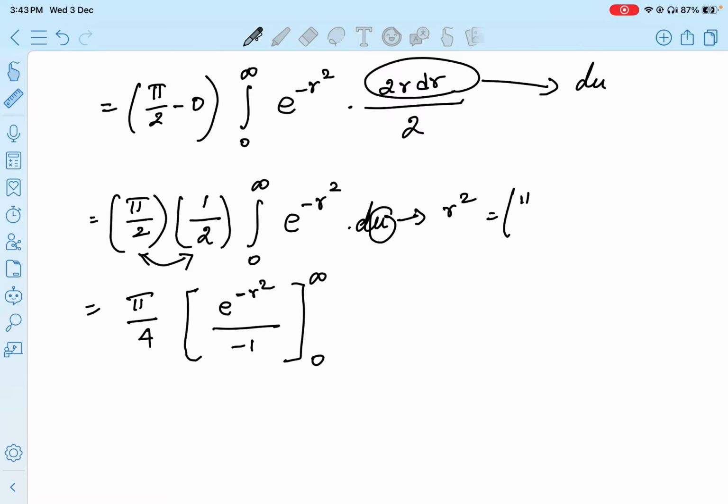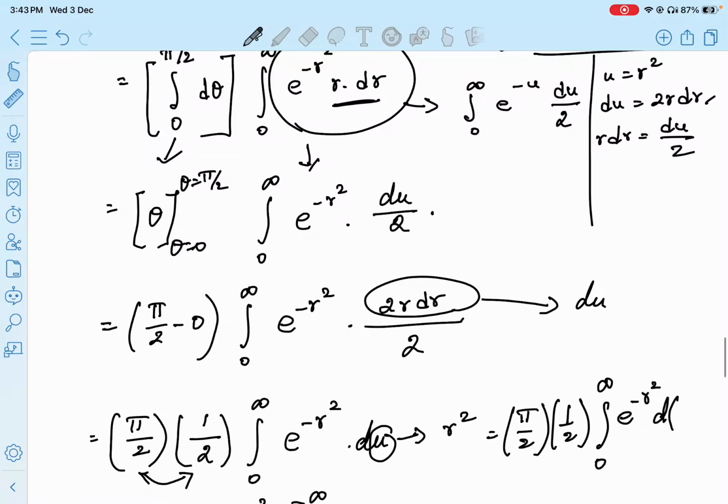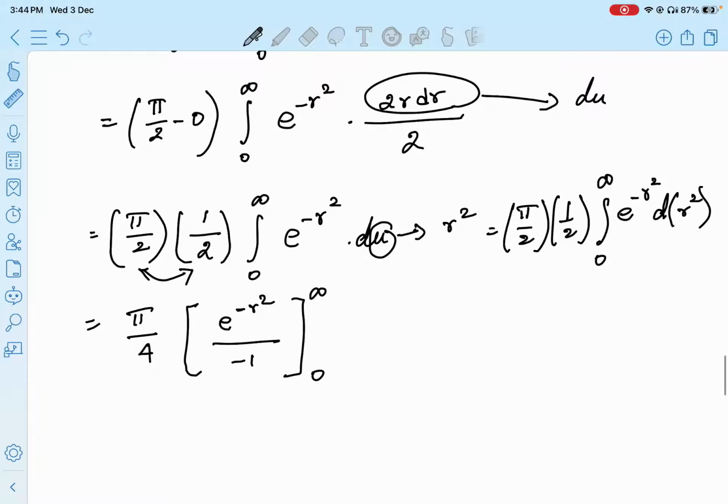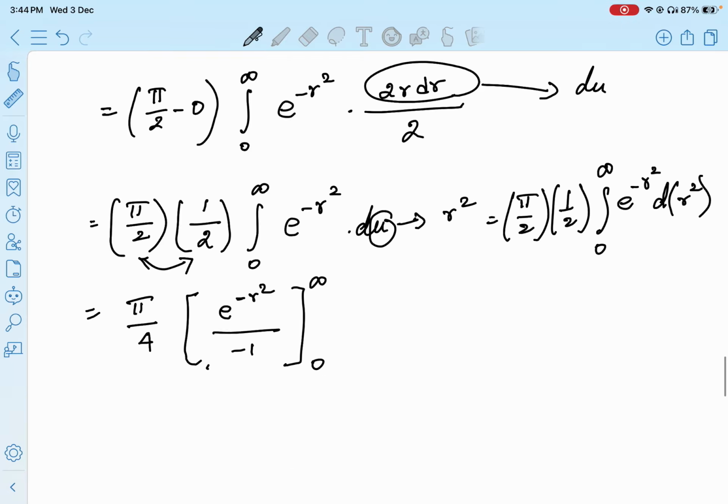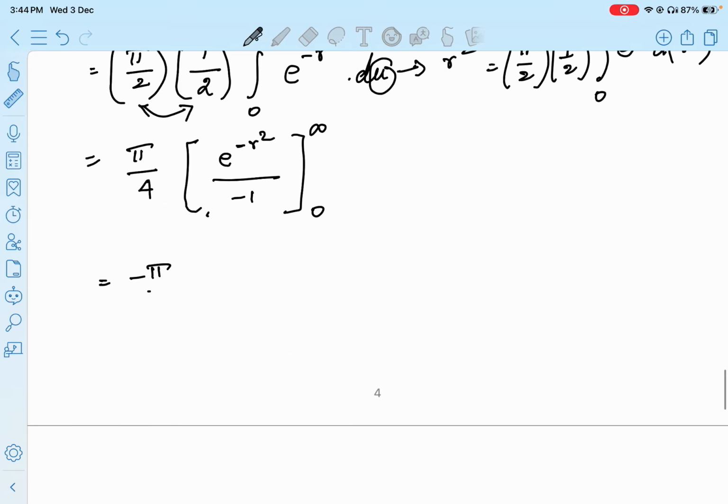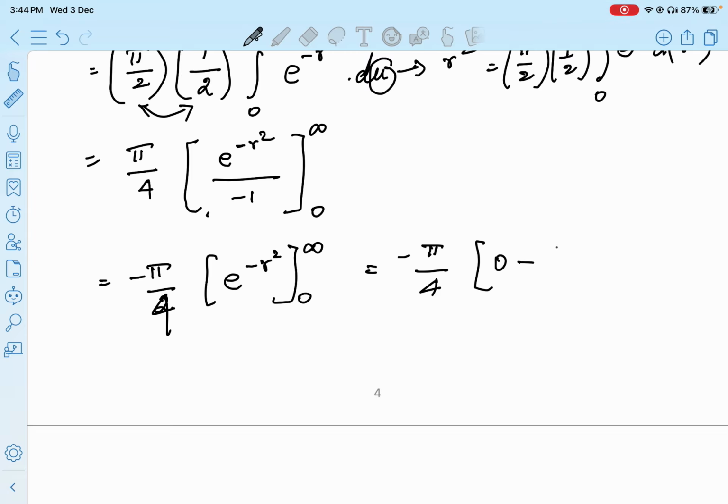We can write one more step so that you can understand clearly: 1 by 2 integral from 0 to infinity of e to the power minus r squared d of r squared. Following this, the next step, we can write it as minus pi by 4, e to the power minus r squared from 0 to infinity, which equals minus pi by 4 times, e to the power minus infinity is 0 and e to the power 0 is 1, which equals pi by 4.